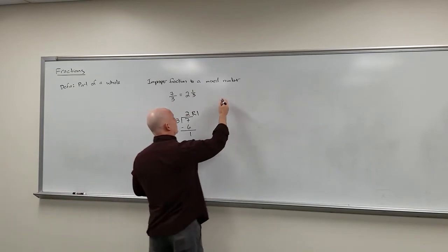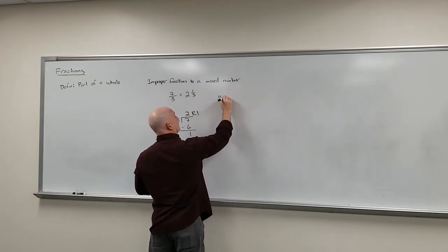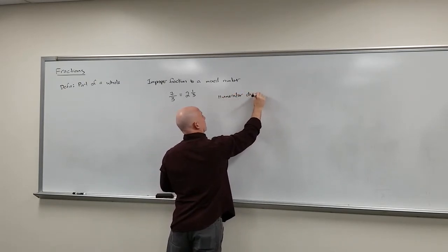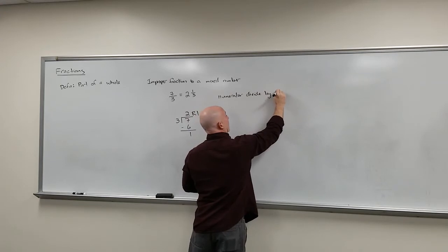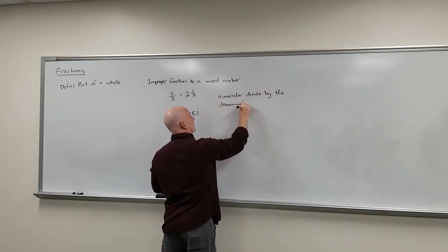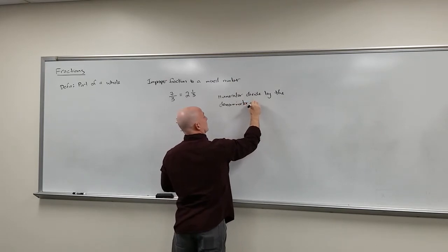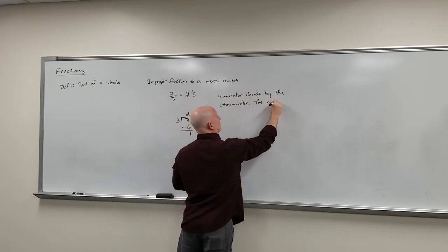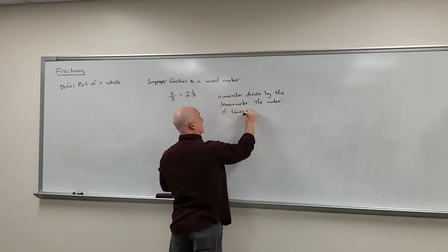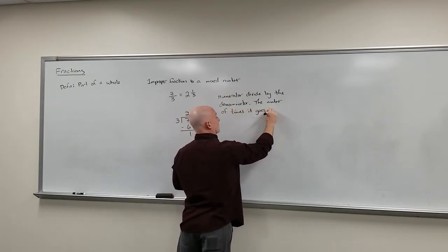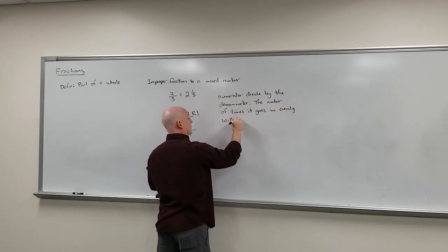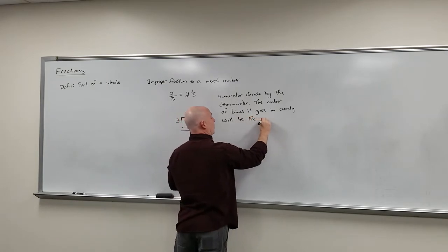So you're going to do the numerator divided by the denominator. The number of times it goes in evenly will be the whole part.